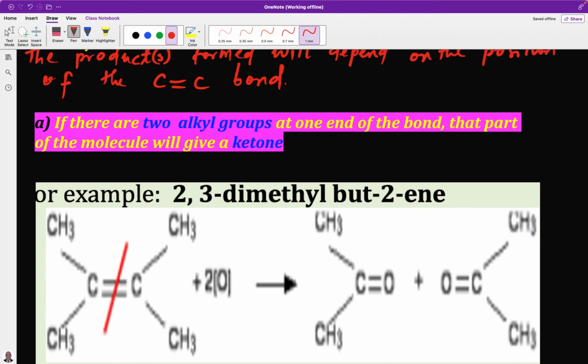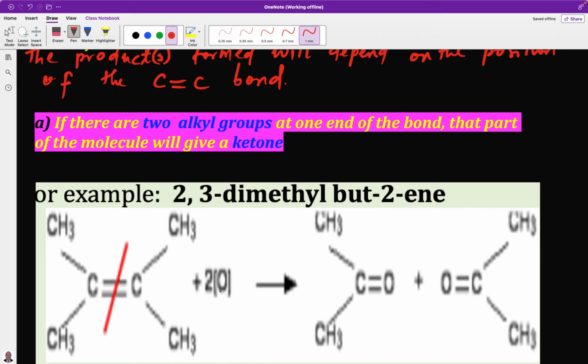And when it breaks, the oxygen that is supplied by the oxidizing agent, hot and concentrated acidified potassium manganate(VII), will provide this oxygen.